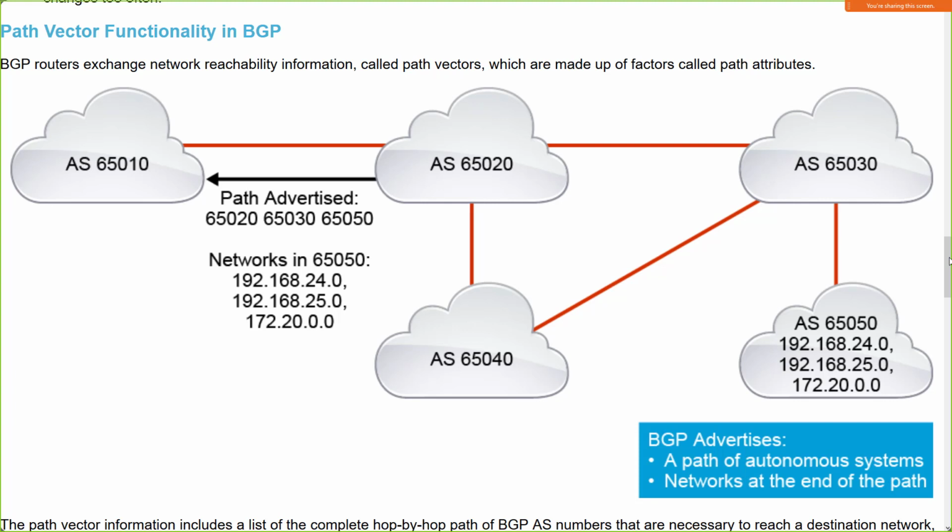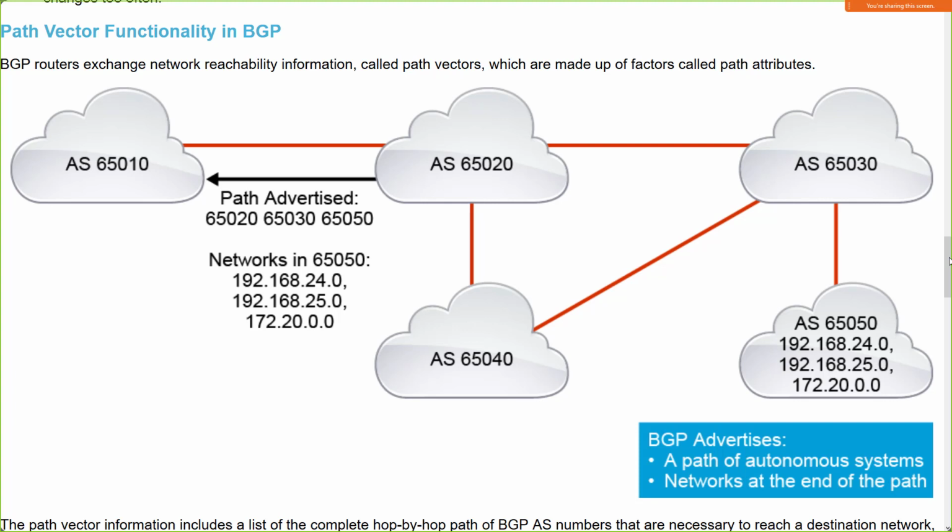exist. Let's say I'm going from 65010 to some prefix 192.168.24.0 and 65050. I know about the autonomous systems in between. So I know I could go from 65010 to 65020 to 65040 to 30 and then to 50.